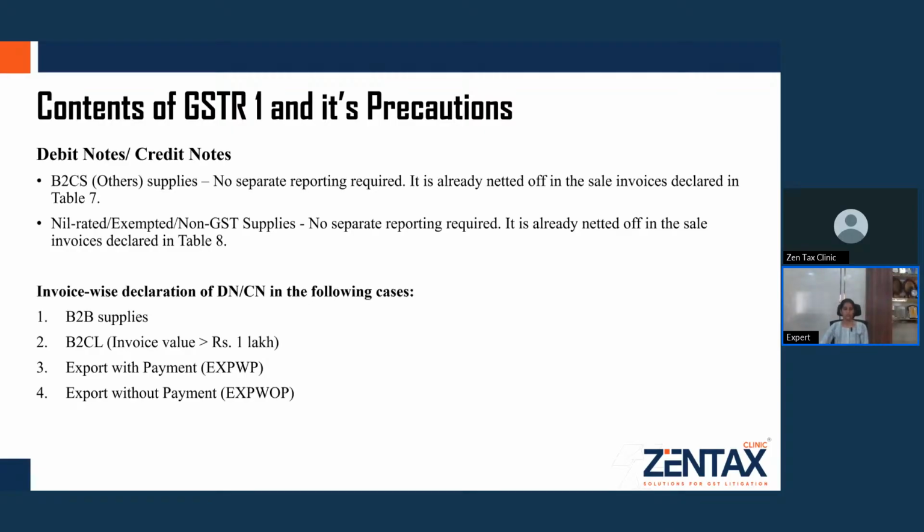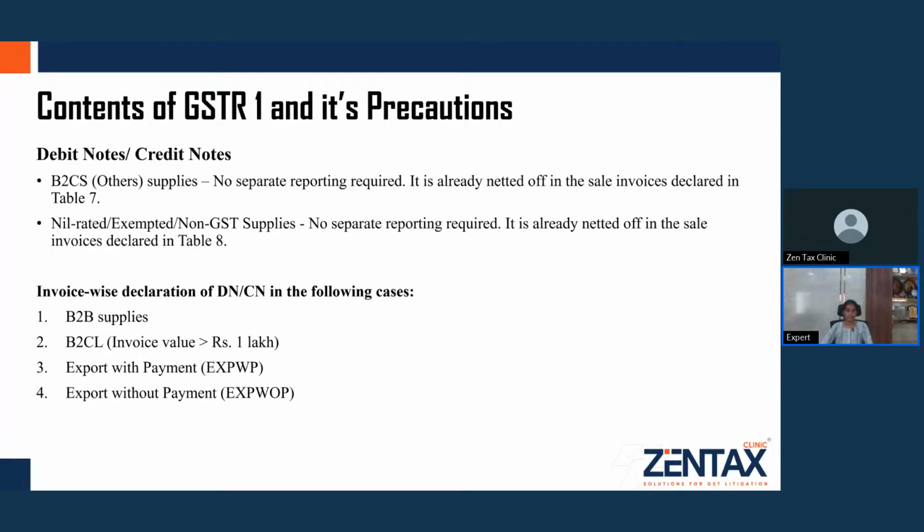When coming to debit notes or credit notes, for B2B supplies made to the unregistered person, that is B2C small category supplies, separate reporting is not required, as such credit notes or debit notes shall be netted off and declared with the turnover in table 7.